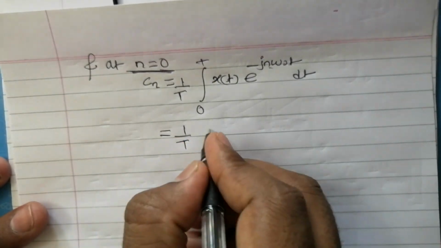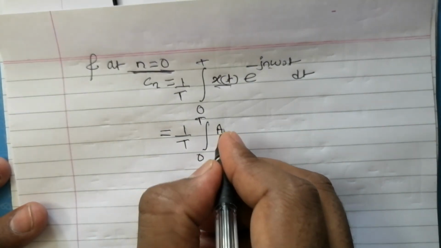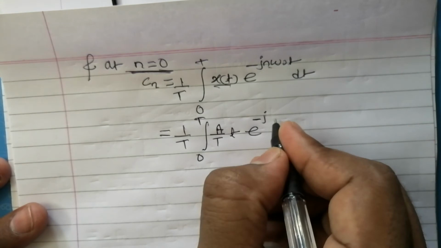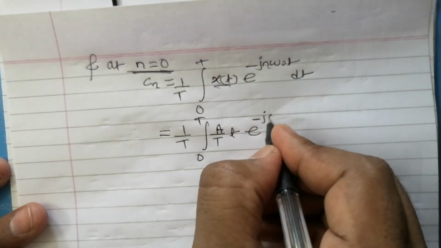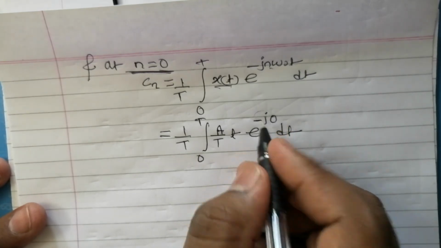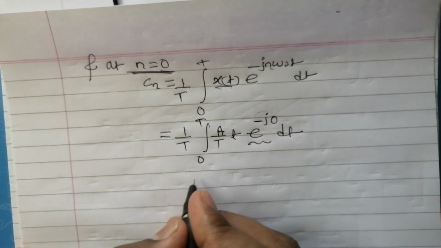So 1 upon T integration 0 to T. What is x of t? It is A upon T, and here it is minus j into 0 into, so this is 0. So this complete part is going to be 0, so this part is going to be 1.